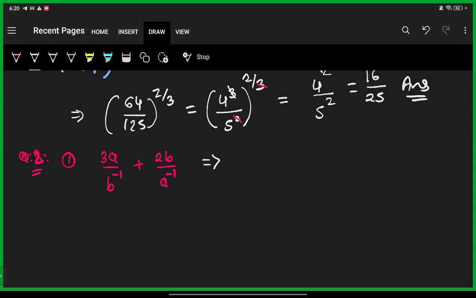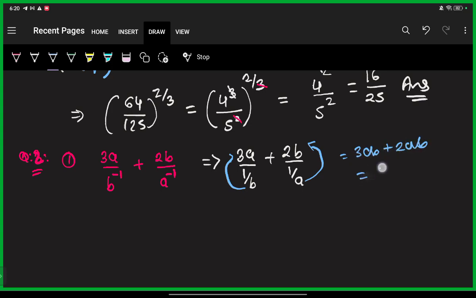So it will be 3ab plus 2ab. Very good. Because we can write b inverse as 1 by b, right? Yes, sir. a inverse as 1 by a. And we know that denominator goes to numerator, right? Yes, sir. It will become 3ab plus 2ab. That means 5ab. That is our answer. Good. Yes, sir.